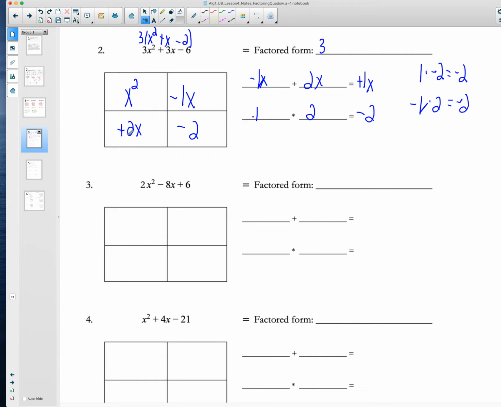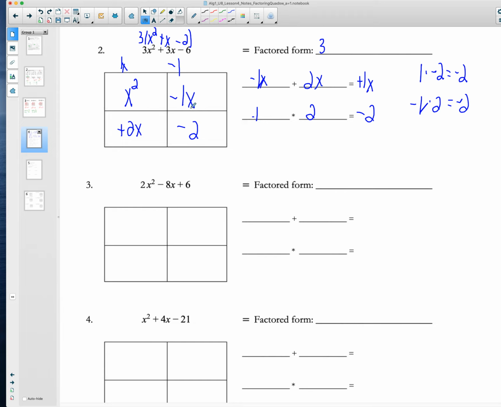Now, once again, we work backwards and find our GCF in our first column, which in this case would be just 1x. If both terms are negative, we want to take out that negative as a GCF, and the only other thing I can take out is a negative 1.